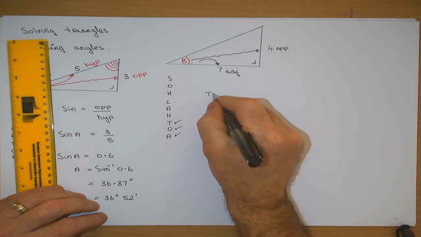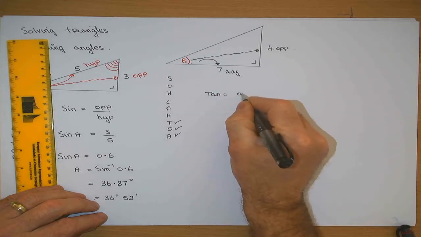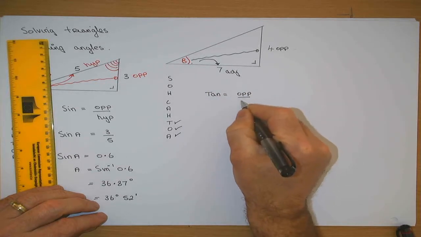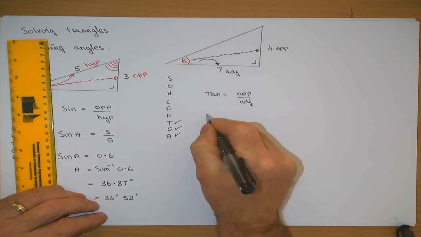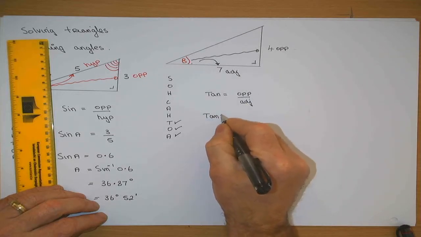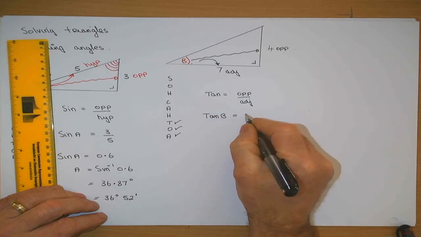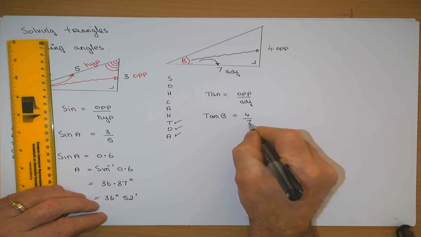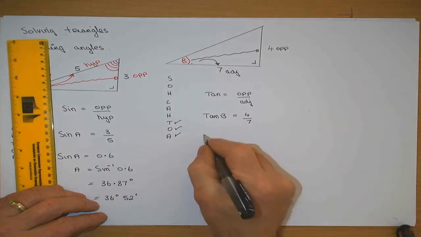I will now say that the tan is equal to the opposite over the adjacent. The tan of which angle? B is equal to the opposite, 4 over 7. The fraction has to be put into a decimal.